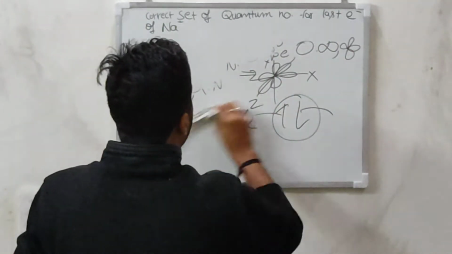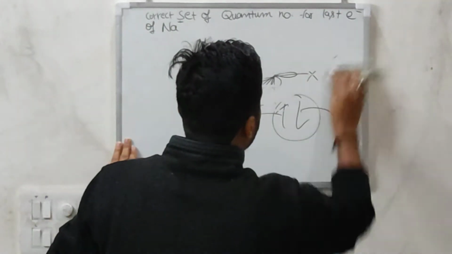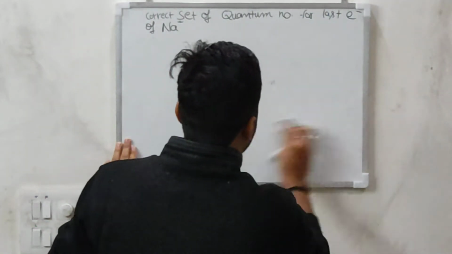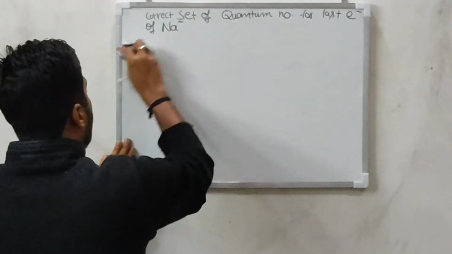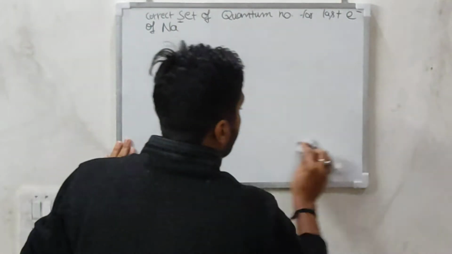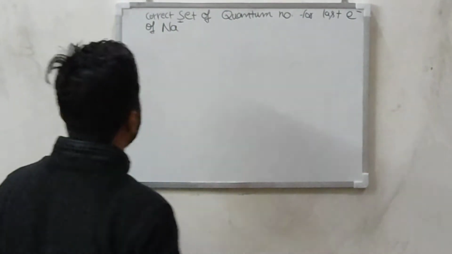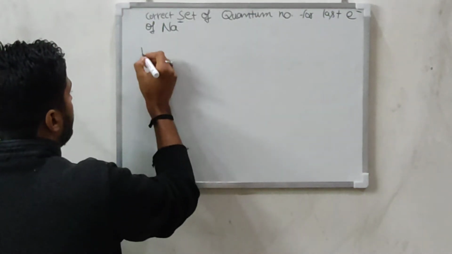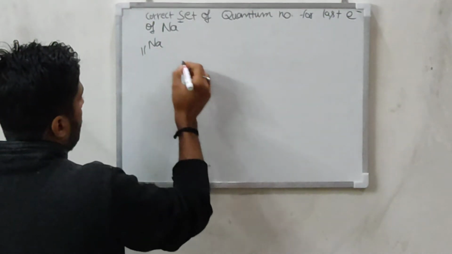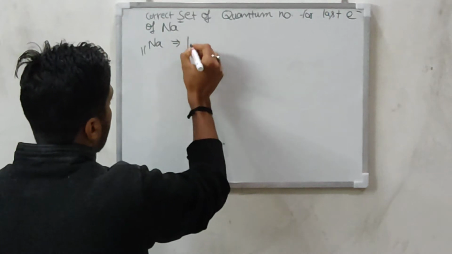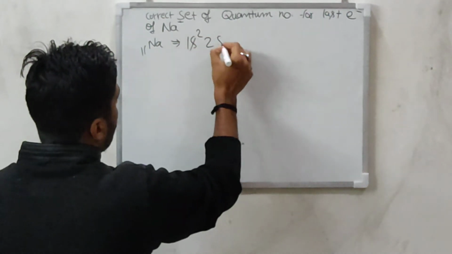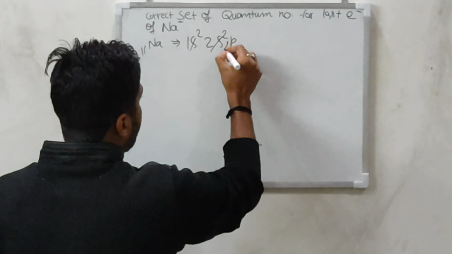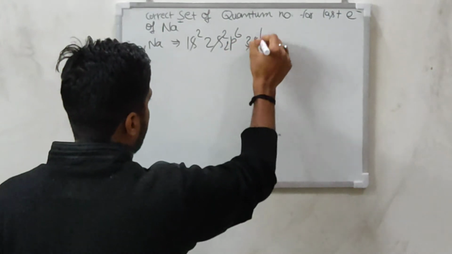Now we have to find all four quantum numbers of sodium plus. For that we have to write down the electronic configuration of sodium. We know that the atomic number of sodium is 11, so the electronic configuration will be 1s2, 2s2, 2p6 and 3s1.